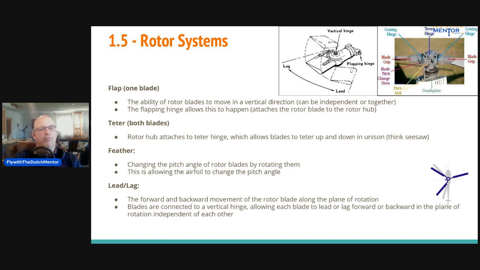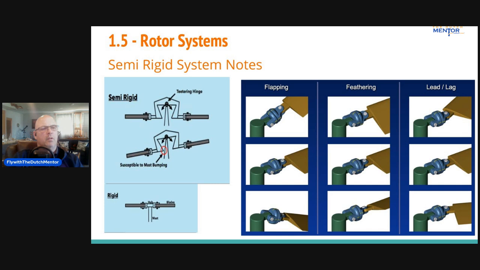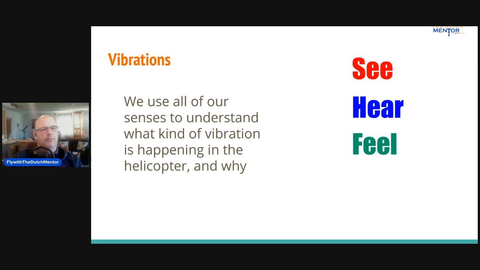This allows the airfoil to change the pitch angle. And then we have lead and lag, which really is only for the articulated blade system itself. There's a forward and backward movement of that. I think we have discussed all that.